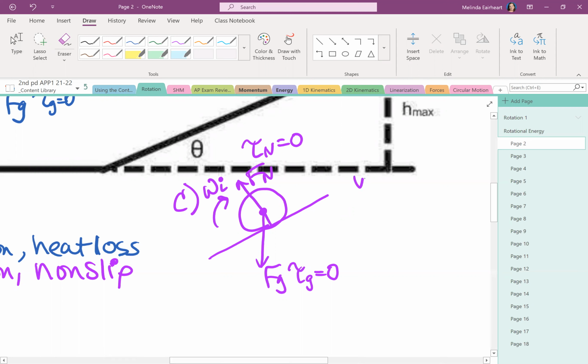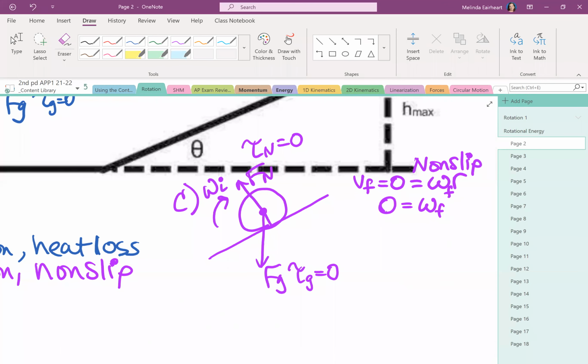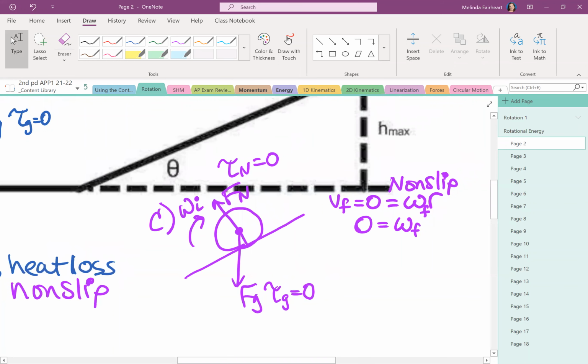Because wouldn't you agree that if final velocity is 0 at the top, by the way, that was in the picture, then non-slip, it has to equal omega final R. What's your final omega in this non-slip condition? 0. So the only force providing torque to minimize that rotation to 0 is who? Friction. What direction is friction going to act?